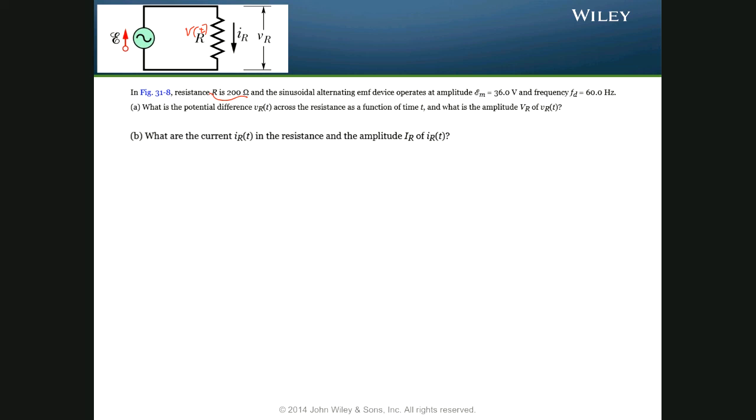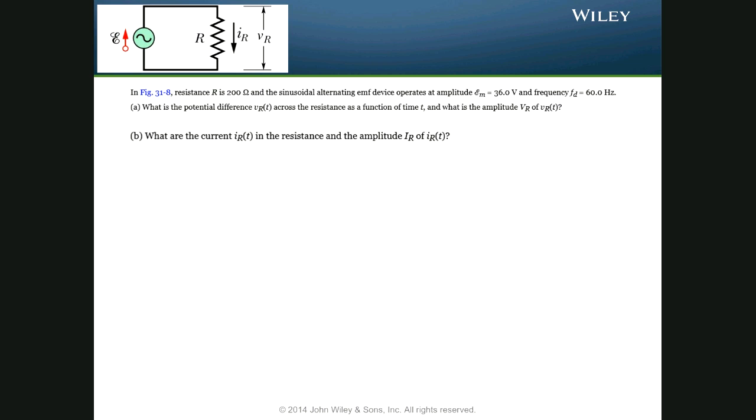Now our loop law should tell us that if we start here and we do plus epsilon, we'll have minus V_R. Both of these are functions of t. Let me do it again. If we use the loop law, we'll start at a corner.